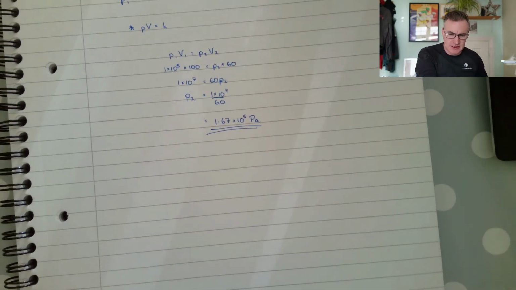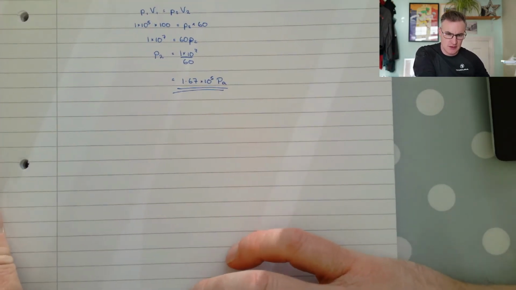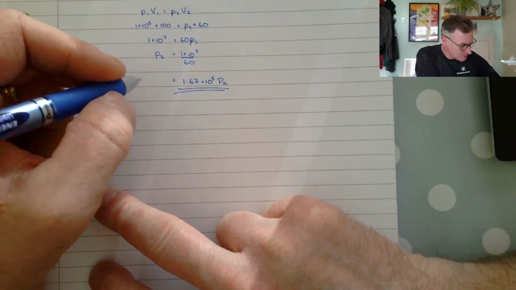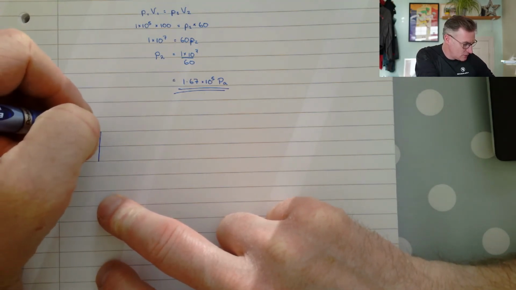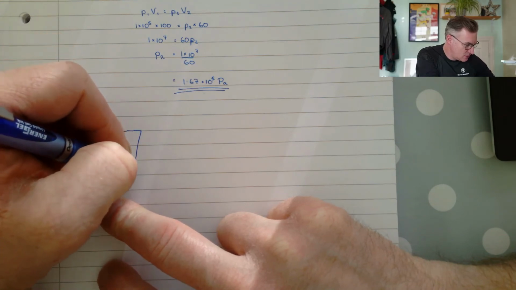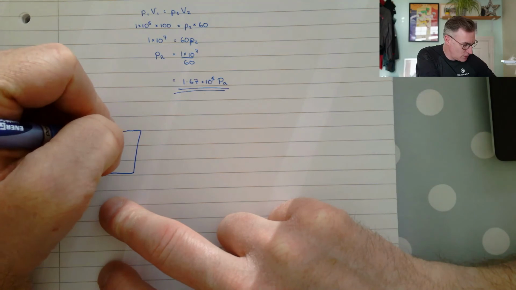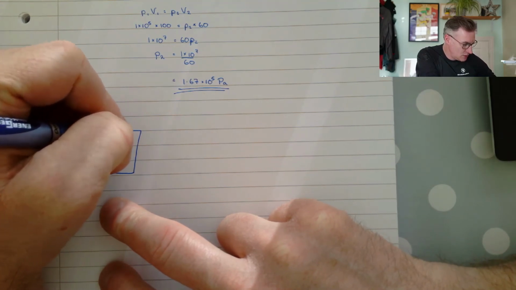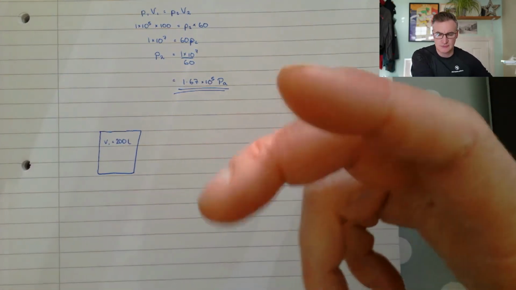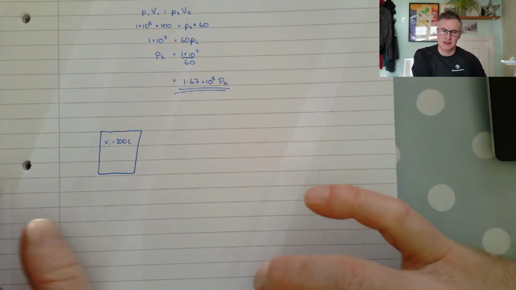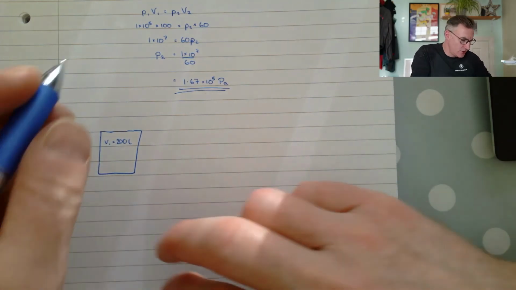Okay, we'll do another example, and then I'll let you get on to do the questions in the course notes. And so in this case we'll just start off with a container. The volume is going to be 200 litres. Litres is fine, as I say, whatever unit you're given at the start, you can just carry on through.